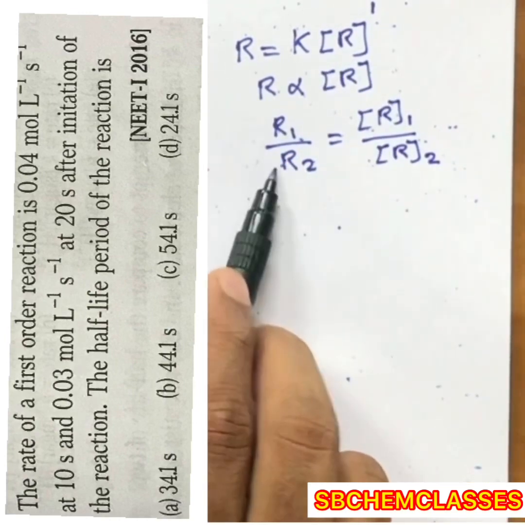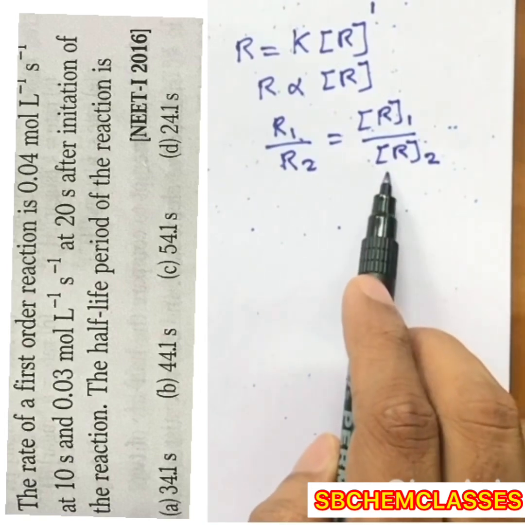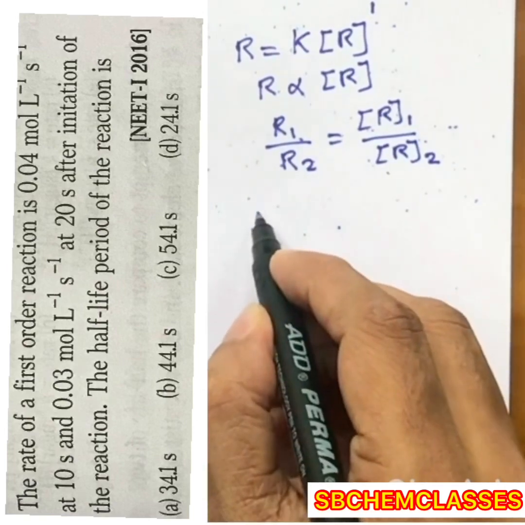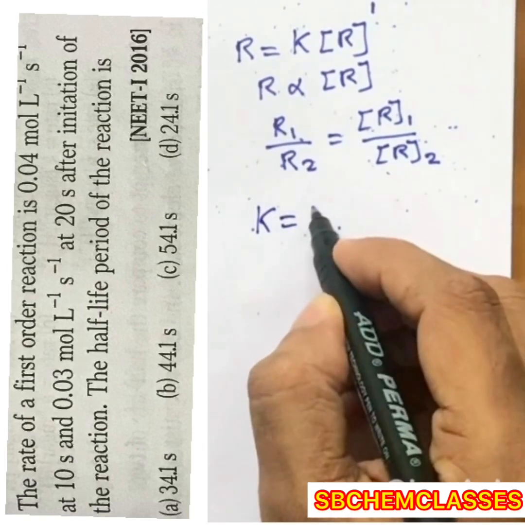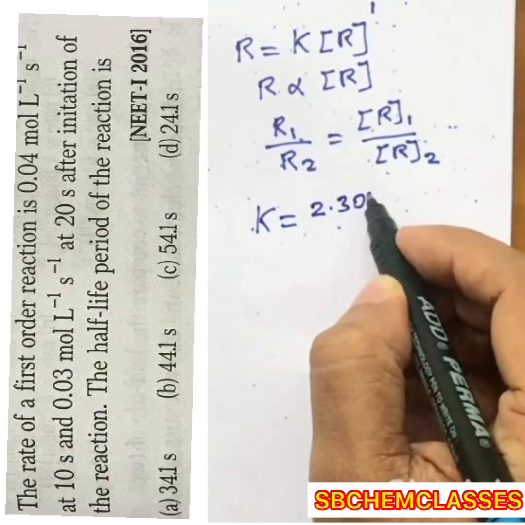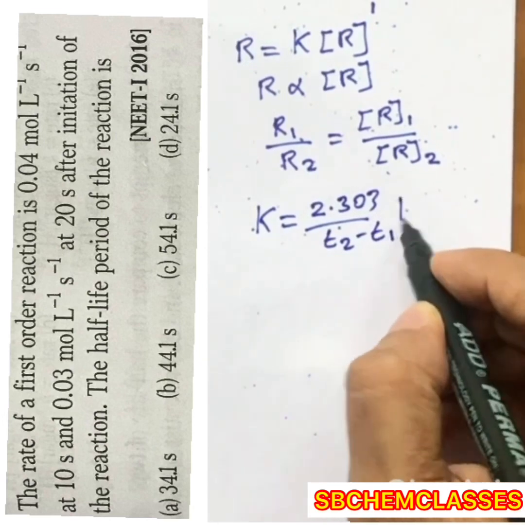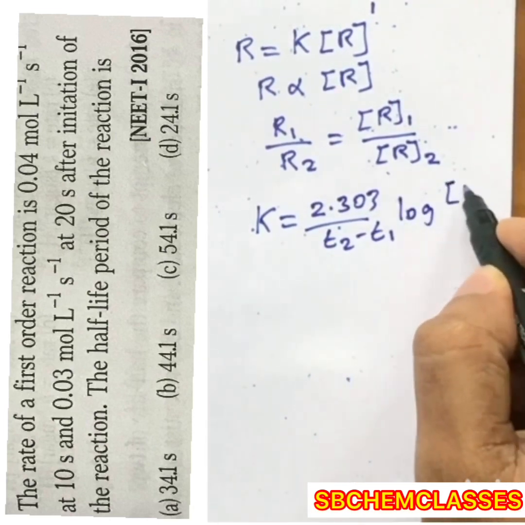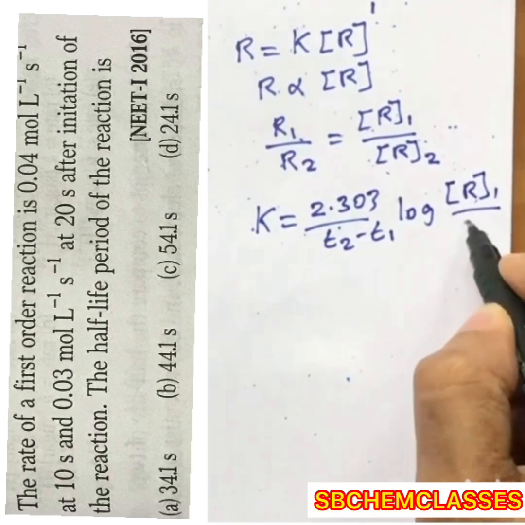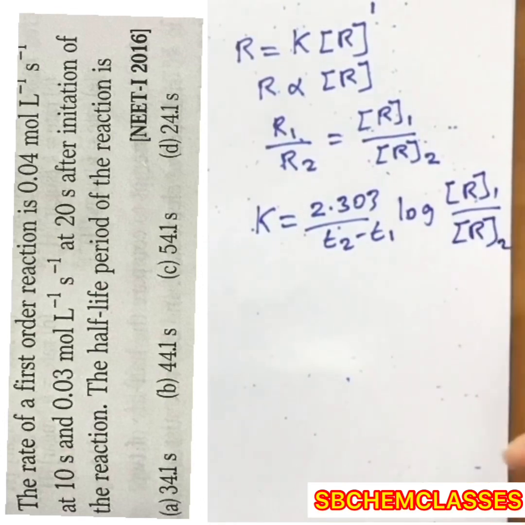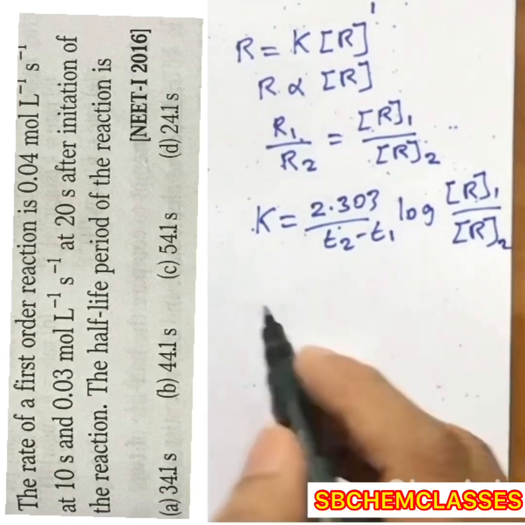Ratio of rates equal to ratio of their concentrations. We know the equation for K: 2.303 by T2 minus T1 log concentration of R1 by R2. Here there are two times, 10 second and 20 second, and two concentrations.